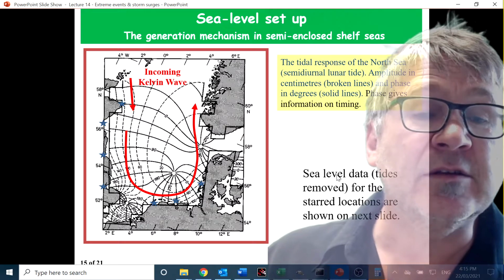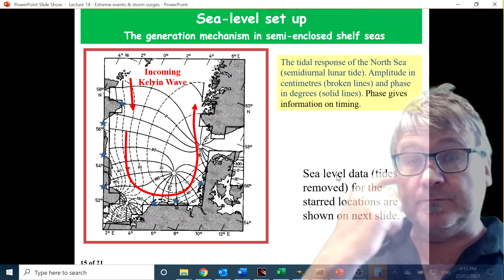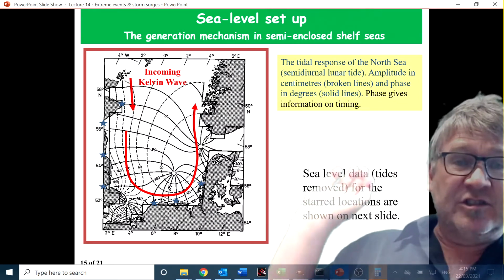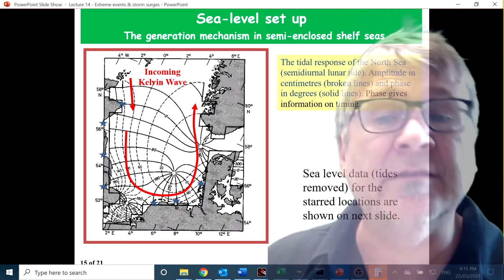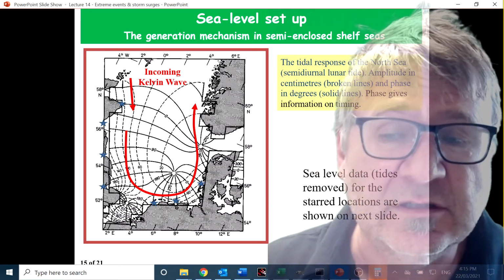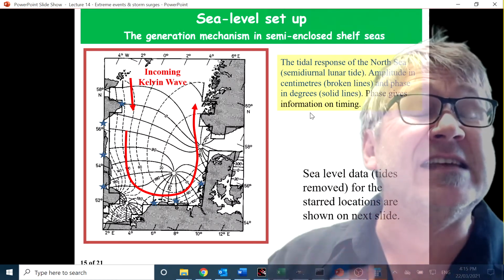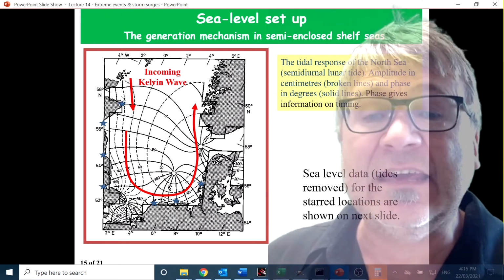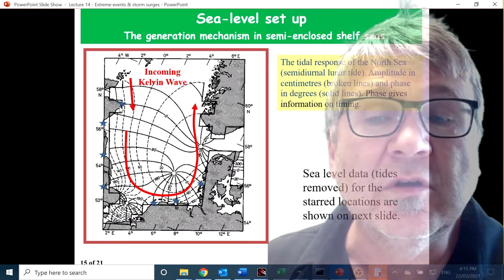Okay, so now there are some observations of actually the biggest storm surge that we had in the North Sea, causing tremendous damage. Okay, and I want to show you the sea level at the locations which are hard to see here, but essentially at these blue stars.